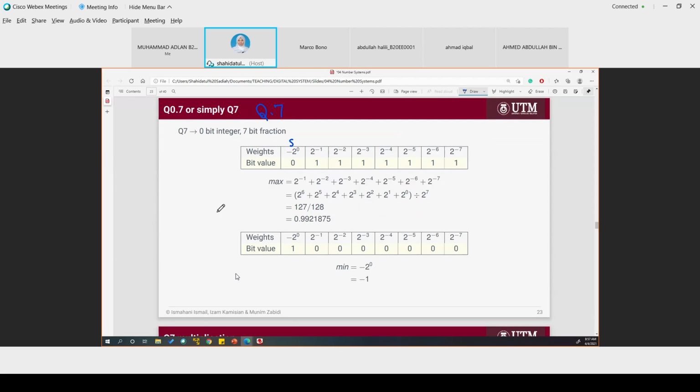So the maximum value that we can get from the Q7 format is 0.9921875 in decimal, but the minimum value is minus one.